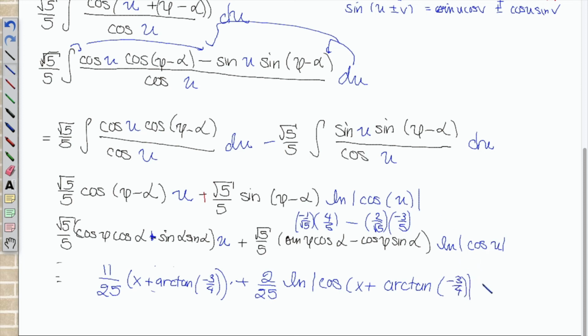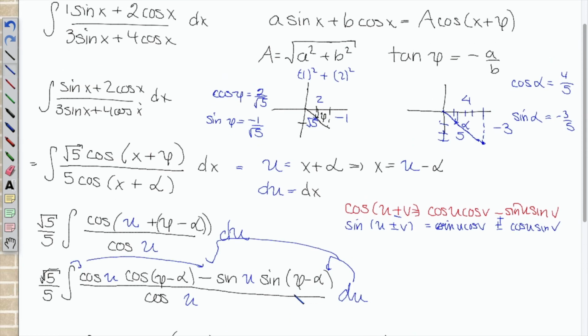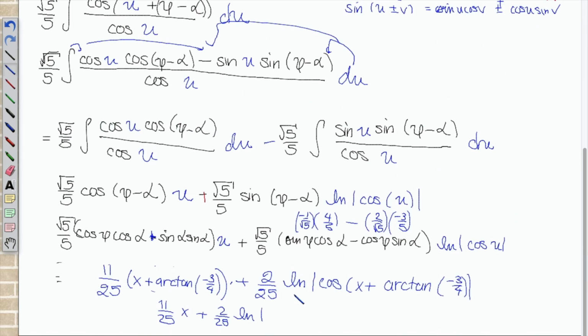Alright, now we are in terms of x. Arctangent of negative 3 divided by 4 is a constant, and so is 11 over 25. So we're going to drop that constant, and it becomes 11 over 25 x plus 2 divided by 25, ln, absolute value. I can rewrite the cosine as 3 sine of x plus 4 cosine of x, or I can leave it as this.